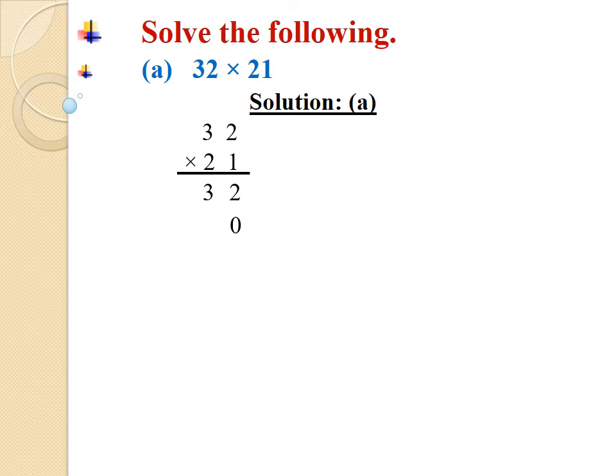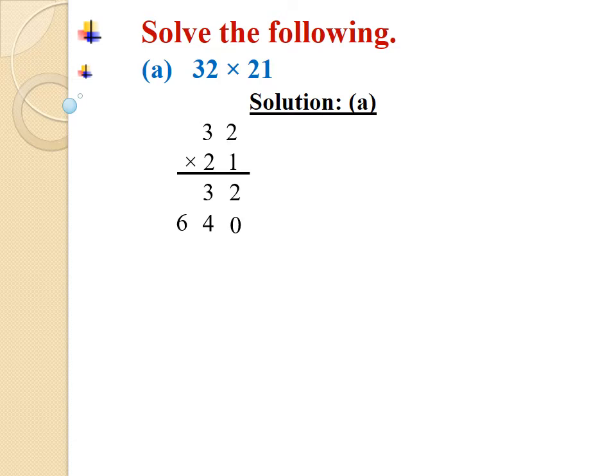Thus, multiplying 2 by 2, we get 4, which we have to write in tens place exactly below the digit 3, thus writing 4. Now we have to multiply 3 by 2. Thus multiplying 3 by 2, we get 6, which we have to write in hundreds place.